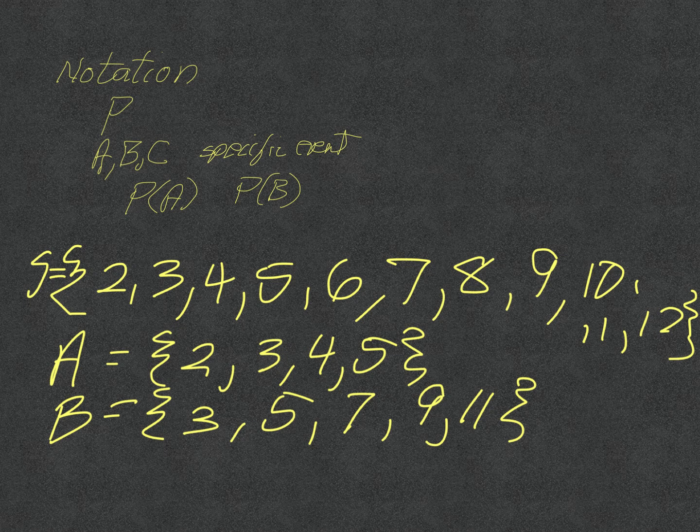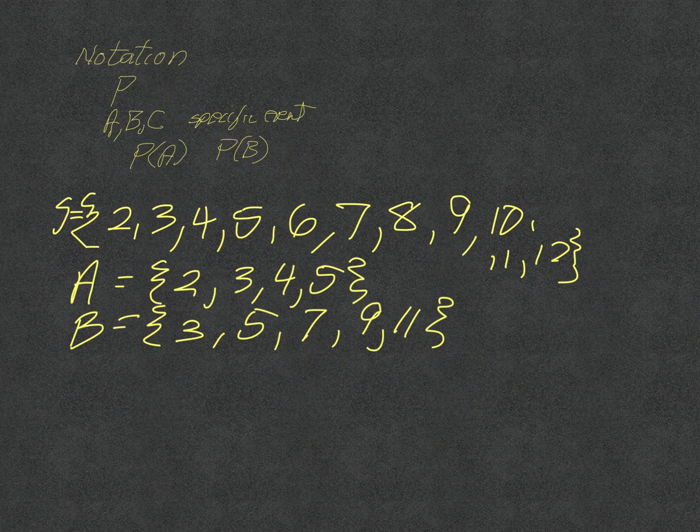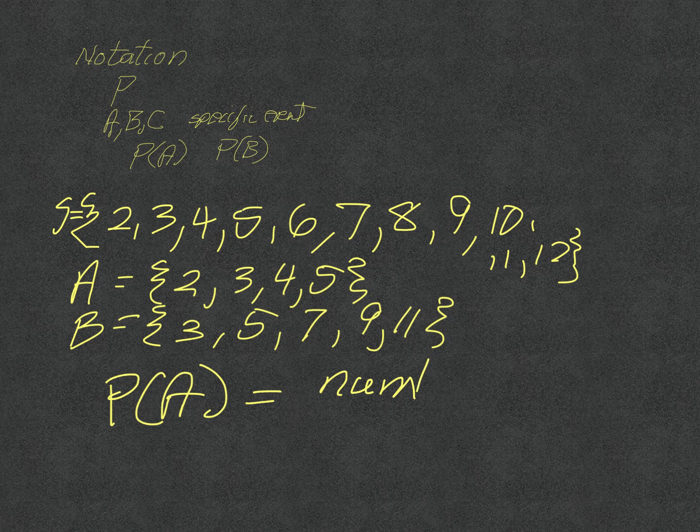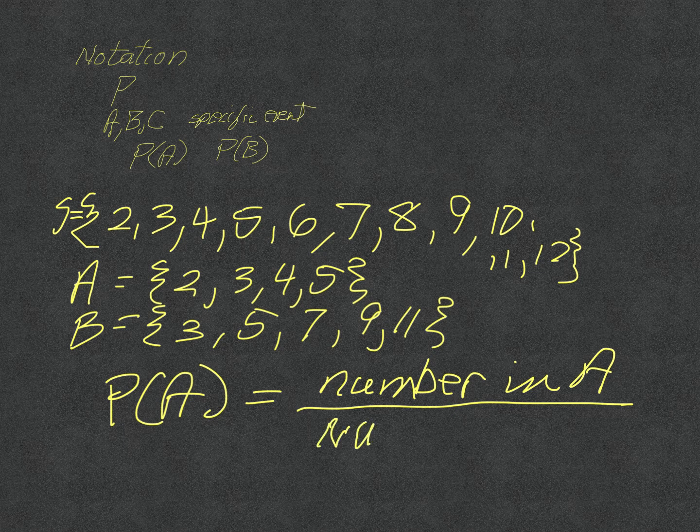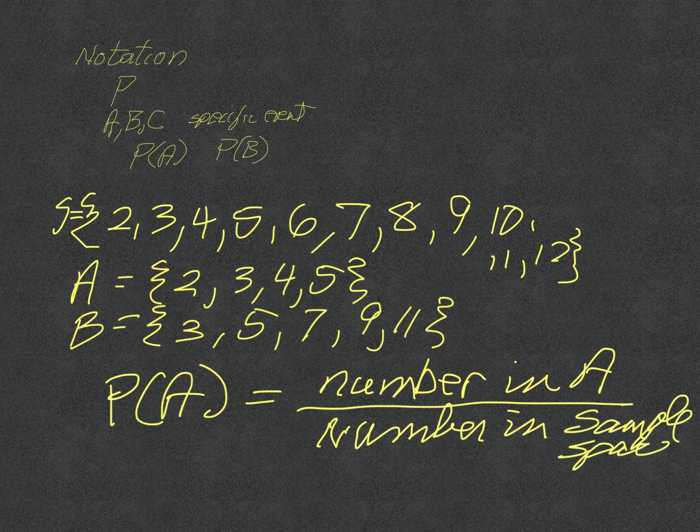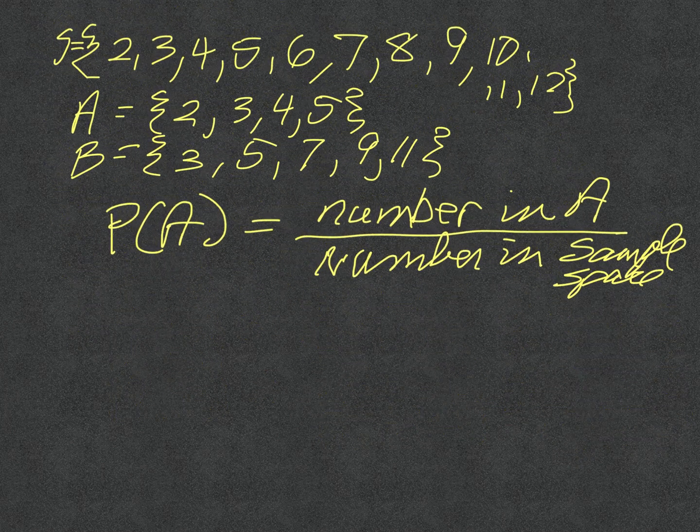Now, if I want to find the probability of A, I just need to count the number of ways, or the number in event A, and divide it by the number in the sample space. And so what does that mean?